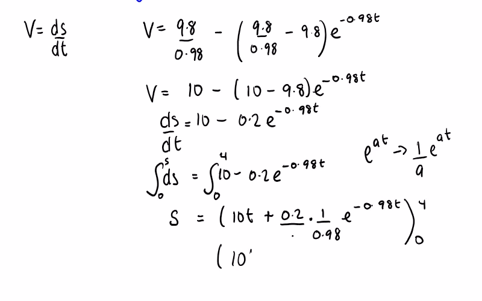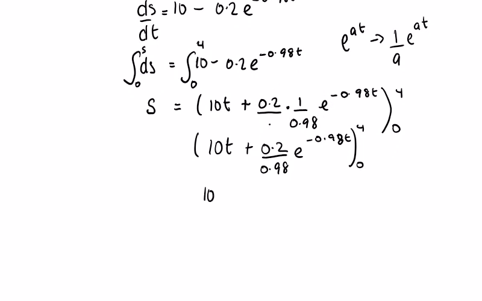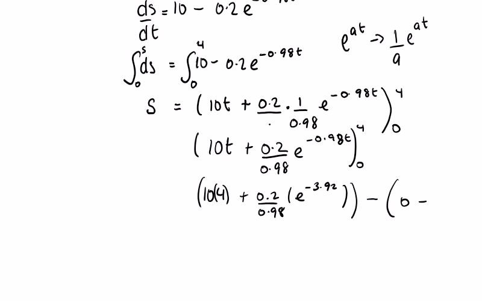So just tidying this up a bit, 10 times t plus 0.2 over 0.98 by e to the power of minus 0.98t. So putting 4 in, set this up in your calculator, we're going to get 10 by 4 plus 0.2 over 0.98 by e to the power of minus 0.98 by 4, which is minus 3.92. And then we're going to have minus 10 by 0, which is 0, minus, and anything to the power of 0.